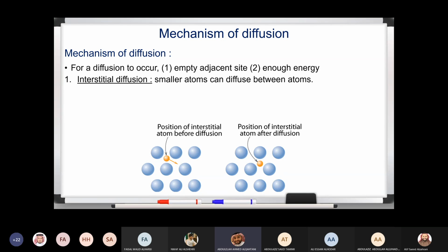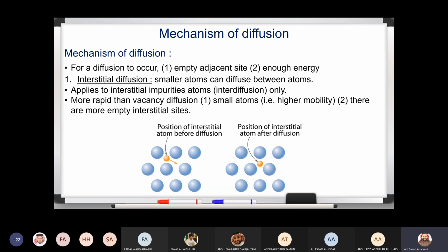I believe higher. Why? Because there are more adjacent sites. Exactly, this is correct. So yes, it will be more rapid because, first, it's a smaller atom, it has higher mobility, it has higher energy. And the second thing, very important, there are more empty interstitial sites, or empty adjacent sites, okay?